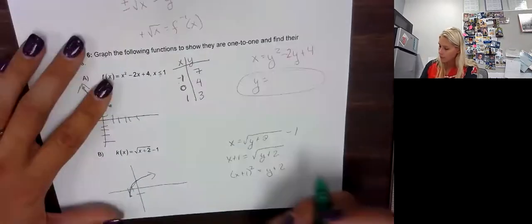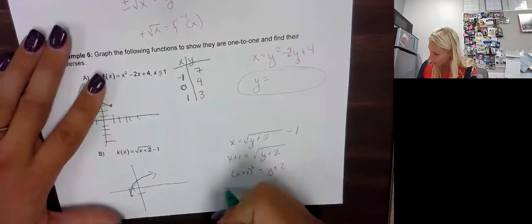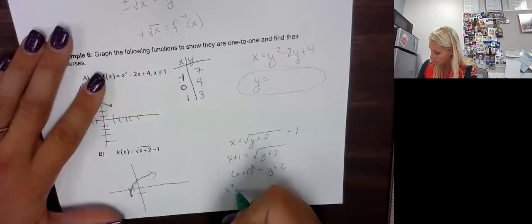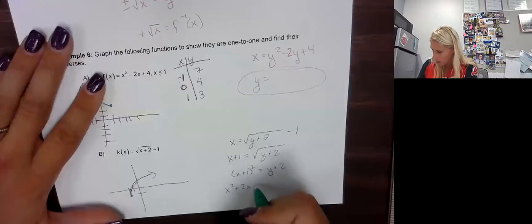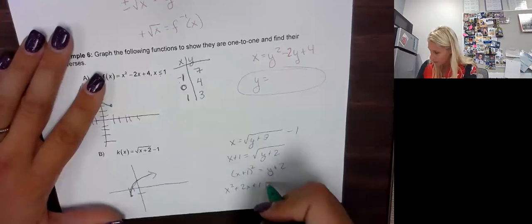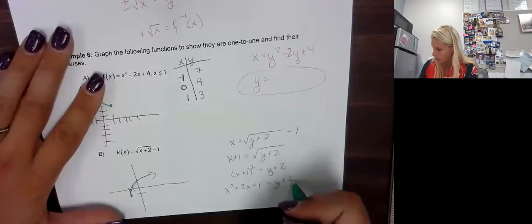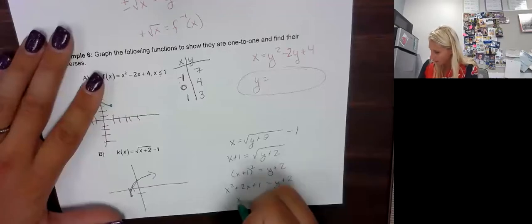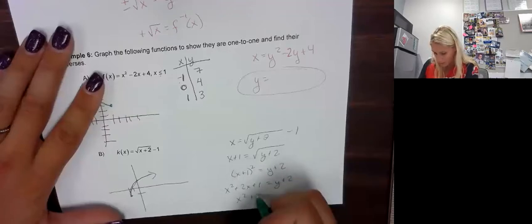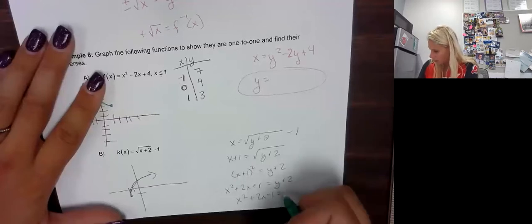And then if we want, we can FOIL that out, which comes out to x squared plus 2x plus 1 equals y plus 2. Move that over, we get x squared plus 2x minus 1 equals our inverse.